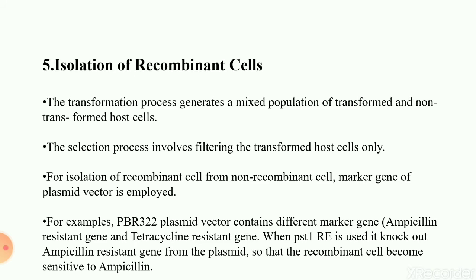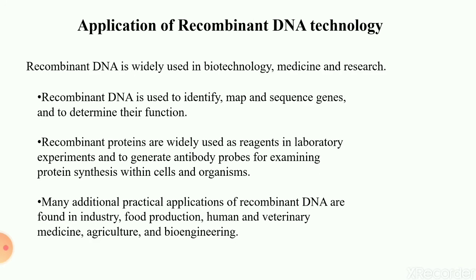When PstI restriction endonuclease is used, it knocks out the ampicillin resistance gene from the plasmid so that the recombinant cell becomes sensitive to ampicillin, and we get transformed cells. Now the recombinant DNA or desired DNA is stored in a gene bank or gene library.